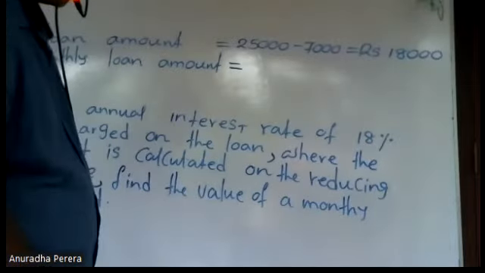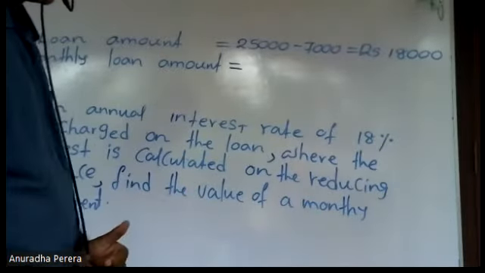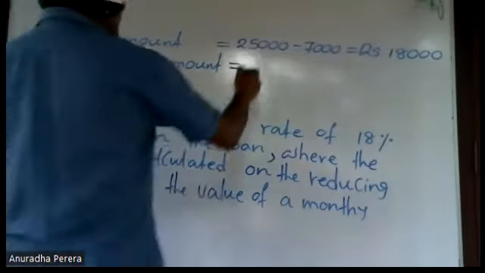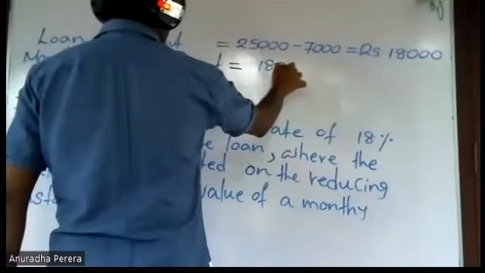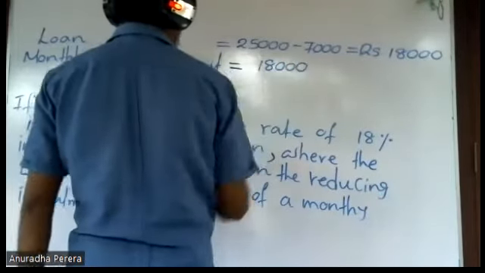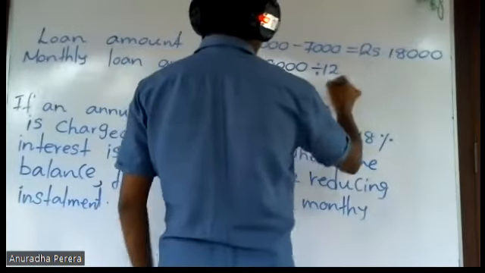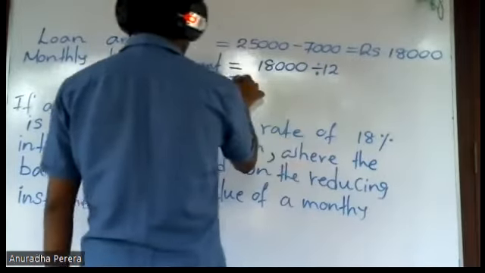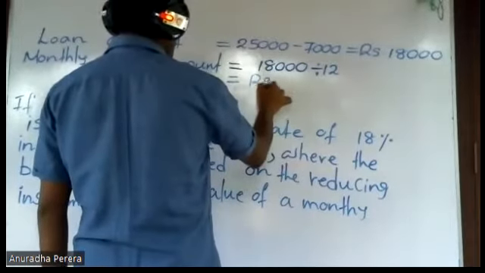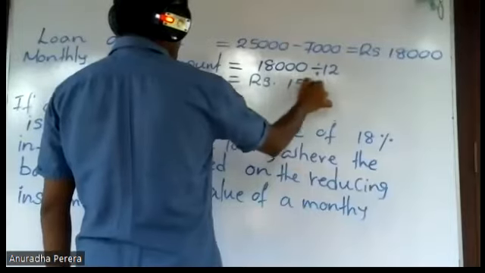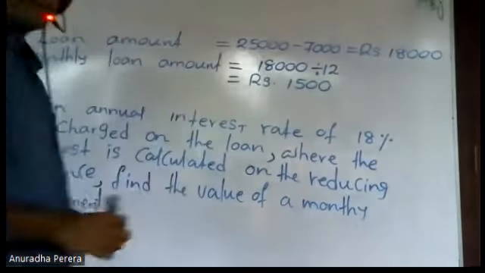There are 12 equal monthly installments. Then divide 18,000 by 12. It is, sorry, 1,500.